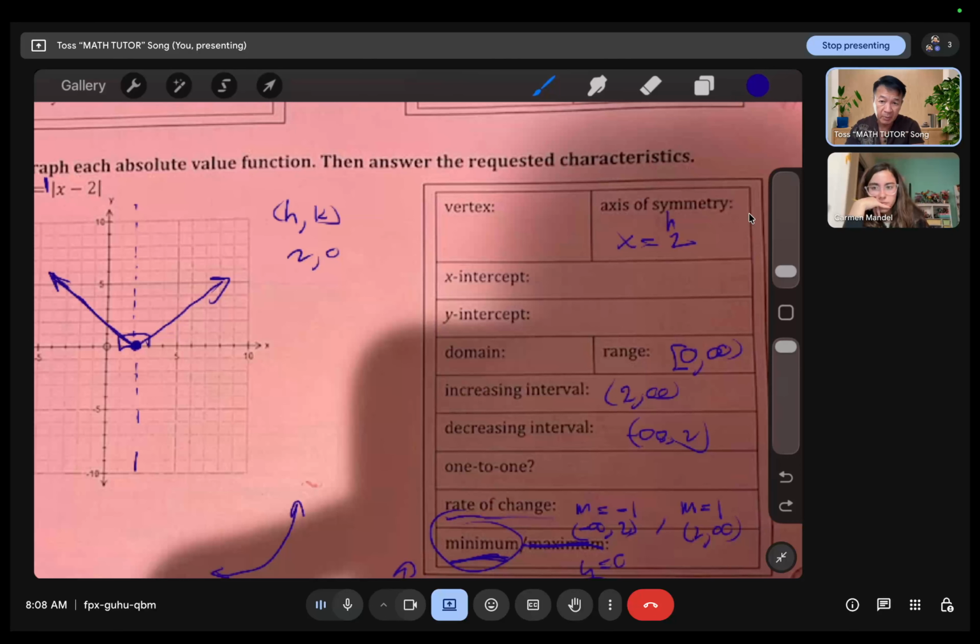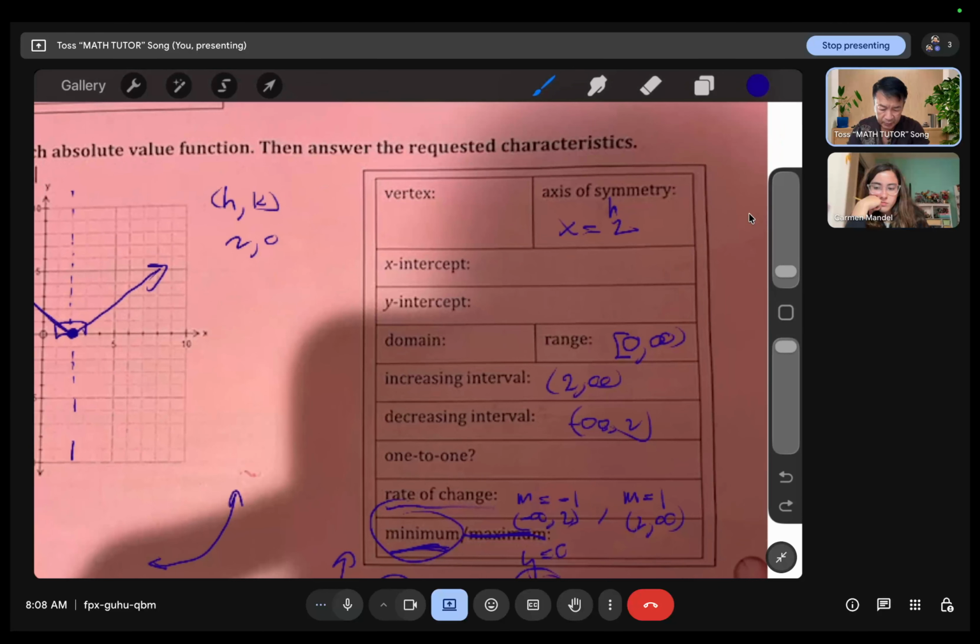You can memorize domain and range as you can have a bracket or no bracket when there's an open dot. That's when you're looking at the closed dot or open dot. But increasing, decreasing, you never ever use the bracket. It's like the rule. You can memorize it.